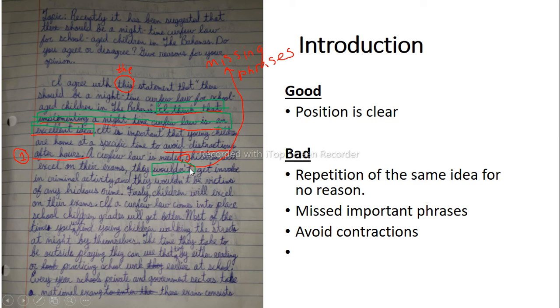You're not trying to be conversational, right? That's not your goal. You're trying to state facts because the way this question is written, it begs for you to be formal. Because it said, recently it has been suggested that there should be a nighttime curfew law for school-aged children in the Bahamas. Do you agree or disagree?